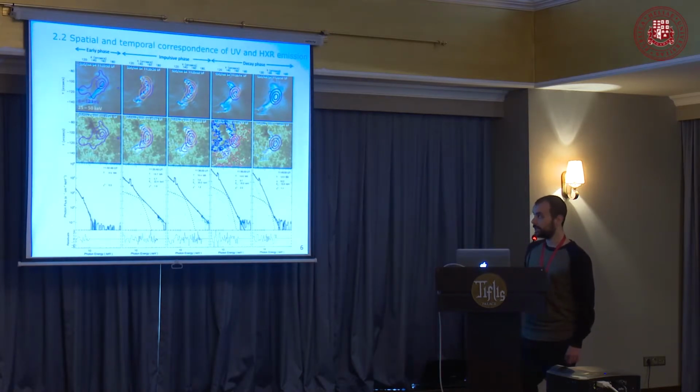So here we see a sequence in 94 and in 1600, only for the region where the primary ribbons form. I will come to why we plotted only this region later. Overplotted, we see the 6 to 12 keV in purple and the 25 to 50 keV RHESSI sources in orange.